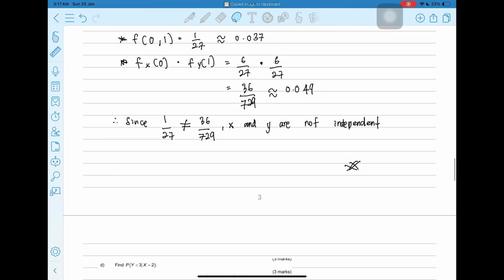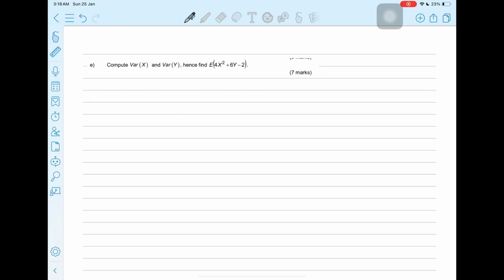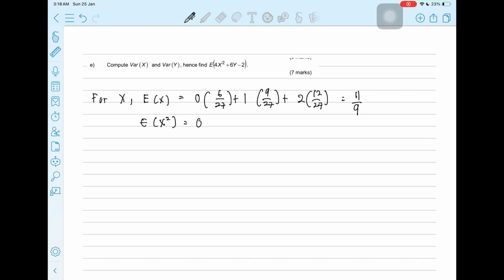So next, we move on to part E. Compute the variance of x and the variance of y, hence find 4x squared plus 6y minus 2. So we write up the E(x), then we get 11 over 9, and we write up the E(x squared), and we get the answer is 19 over 9.